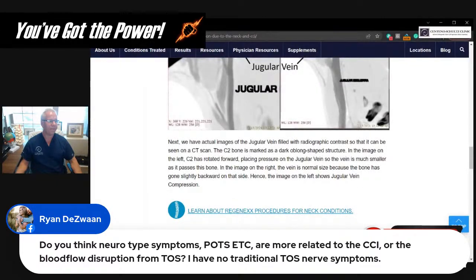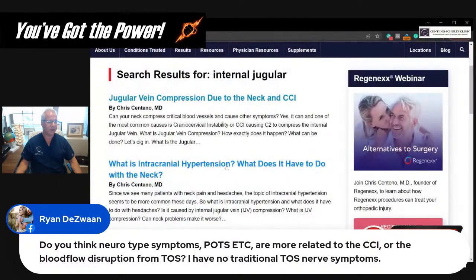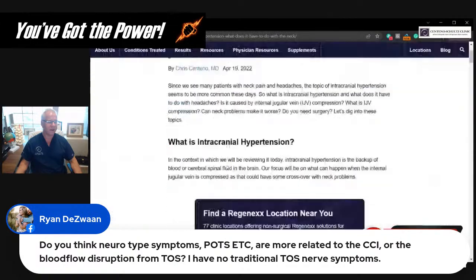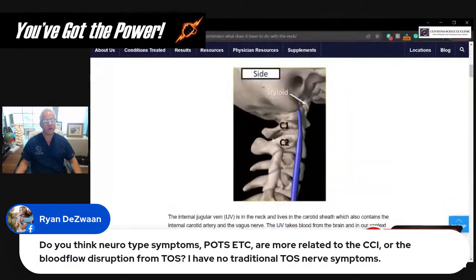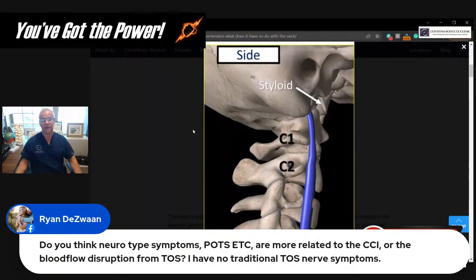Oh, not that one. On this one that goes through really what we're talking about there, and that is that you see the internal jugular vein here. You've also got the glossopharyngeal nerve up in here, as well as the vagus nerve. And all of that's just in front of C1 and C2. And so commonly we'll see either C1 and or C2 putting pressure on this area. And if it puts pressure on the vagus nerve, that could cause POTS-like symptoms.